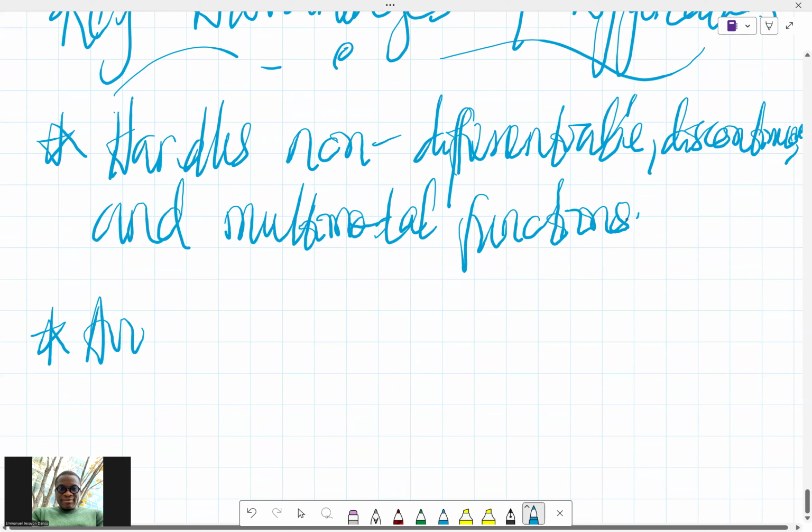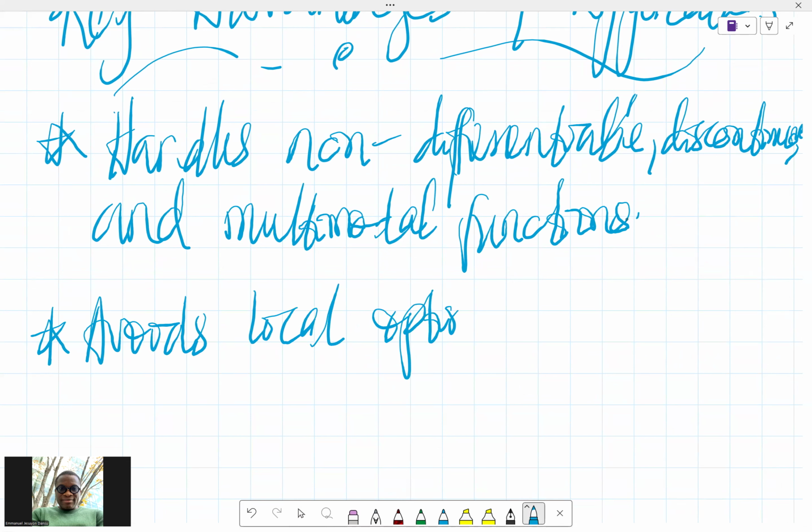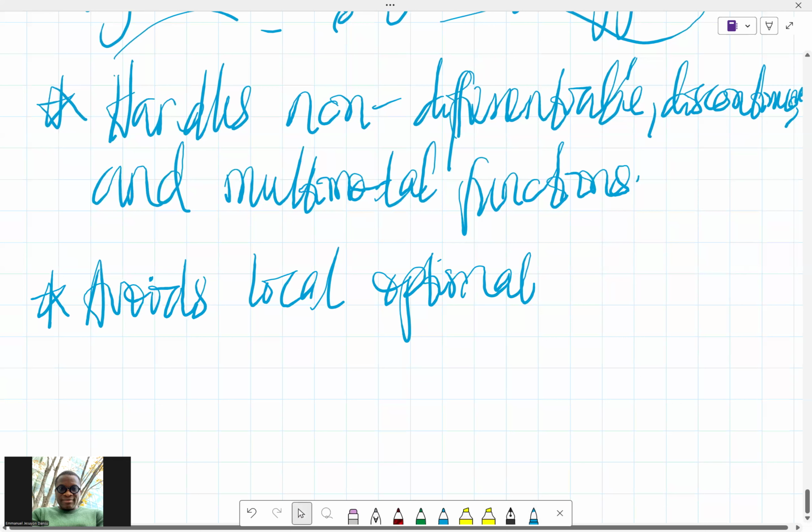Then it actually avoids local optima. So you can see that those optimum points that are higher than the global one, they were reached at some point, but the search does not get trapped in those places because they are not the ultimate minima.